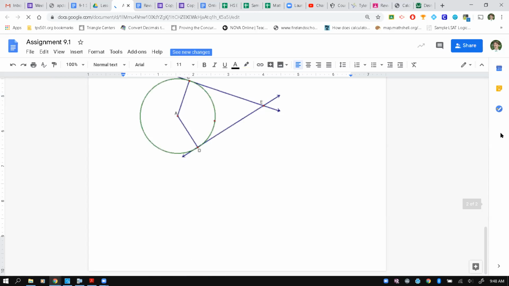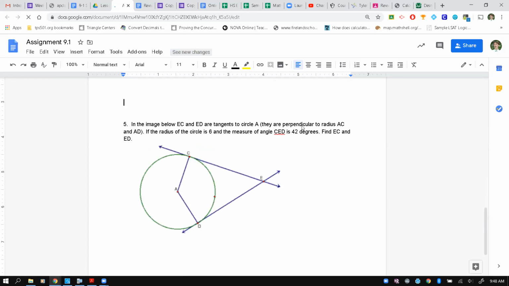All right, here is the hint I'll give for number 5. You have to recognize that since EC and ED are tangents to circle A, that means that this is a 90-degree angle and this is a 90-degree angle.